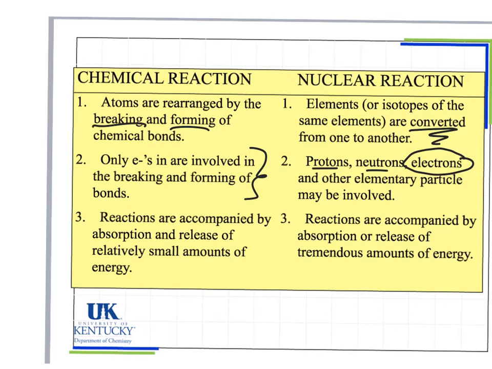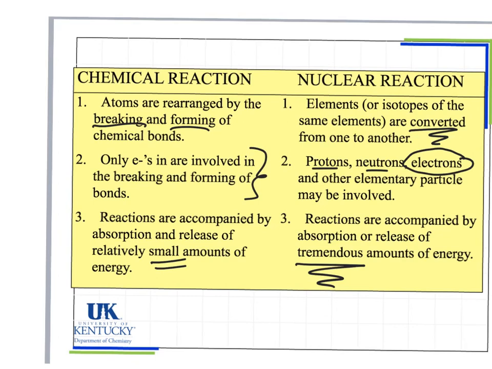Now, when chemical reactions take place, relatively small amounts of energy are required or released. So the heat given off by a Bunsen burner, for example, that's not a tremendous amount of energy, although it will burn you. In a nuclear reaction, it is a tremendous amount of energy.